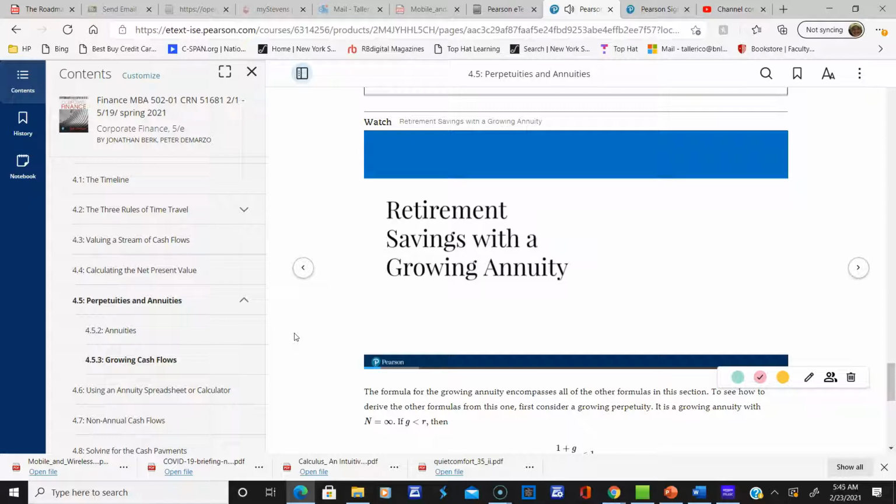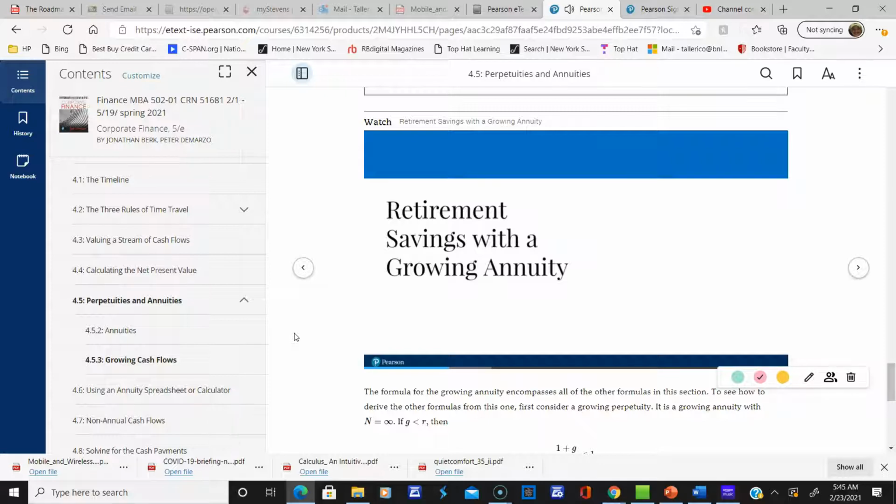Okay, we're back with Ellen and figuring out how she's going to save for retirement. But this time we have an added complication. Because she knows her salary will increase, she can put more each year into retirement. So she plans to put $10,000 the first year and then let the amount she puts away grow by 5% until she reaches age 65.